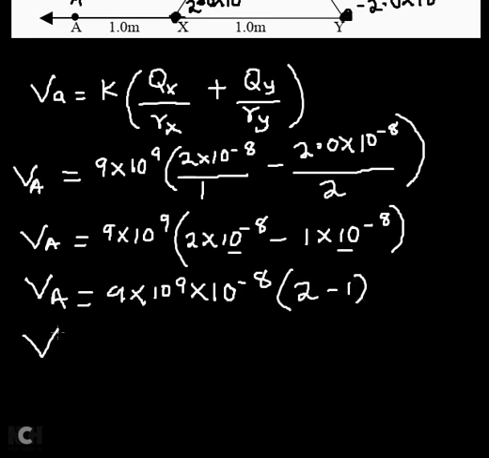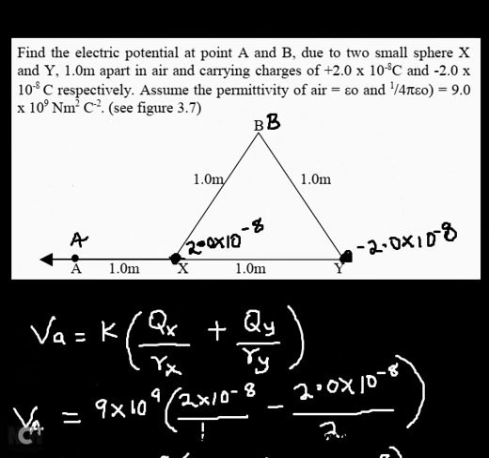So VA is equal to 2 minus 1, which is 1, and 1 times 9 is 9. Then 10 raised to the power of 9 times 10 raised to the power of minus 8 gives 10 raised to the power of 1, which is 10. So that is 90 volts.